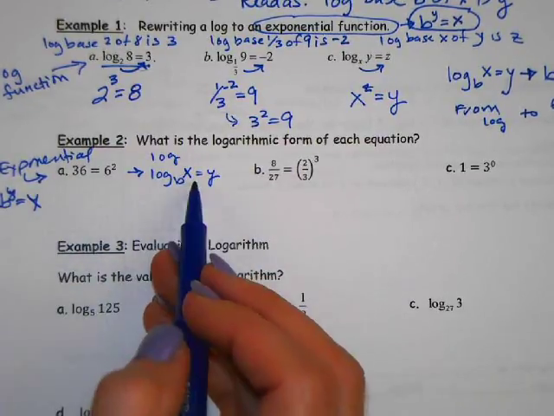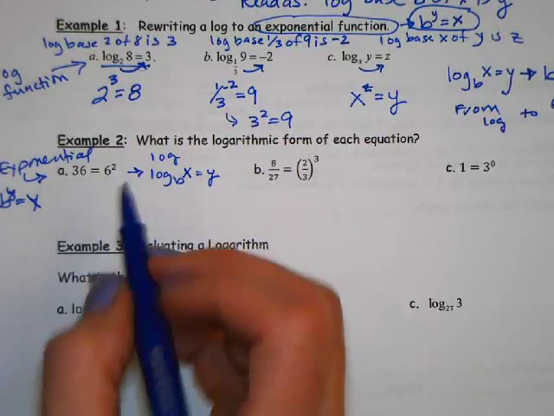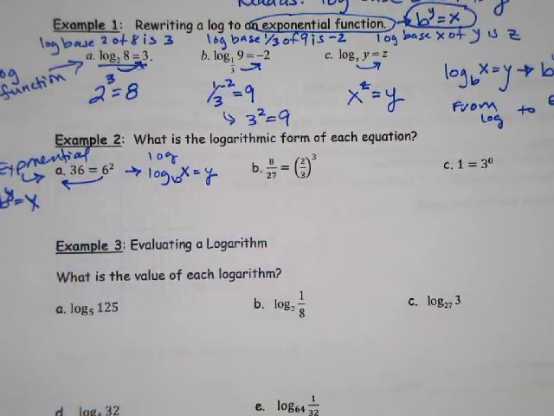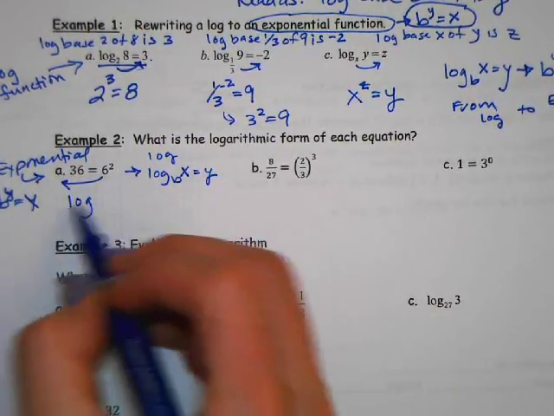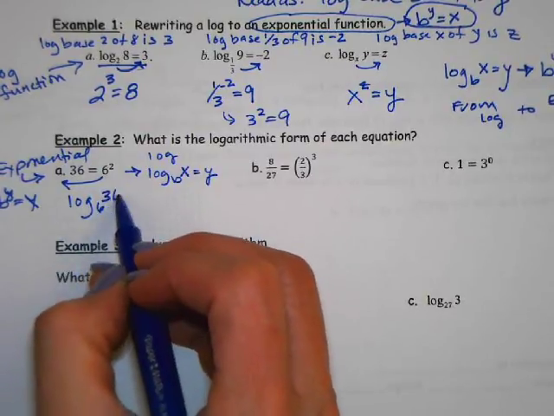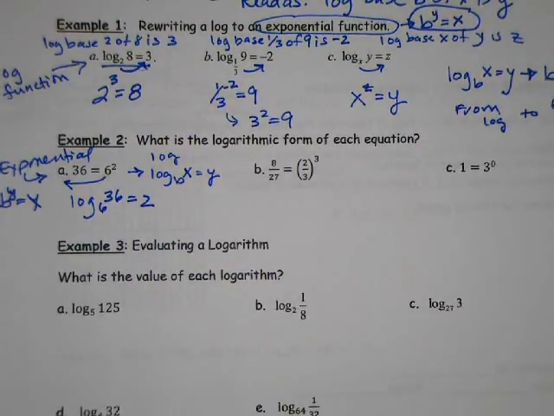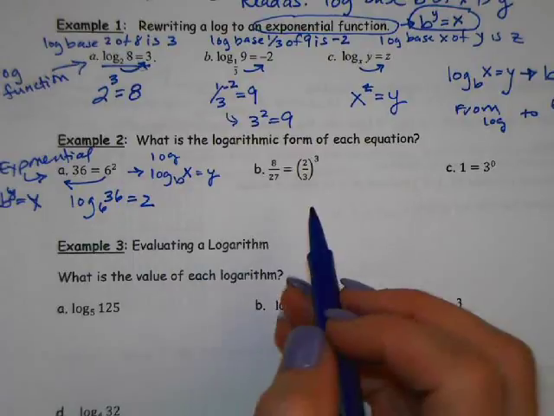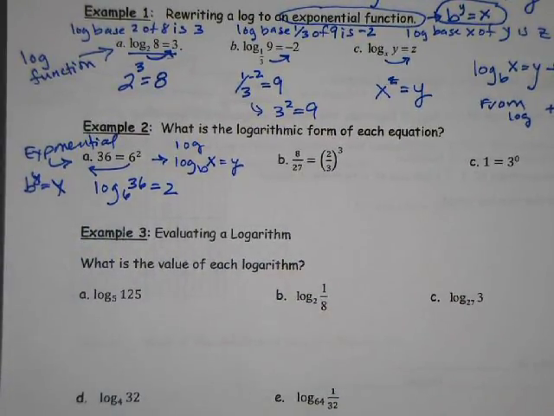How do I get from here to there? Just how I threw the 6 up, I just pull the 6 back down, and then add the word log. So I do log base 6, I pull the 6 down, of 36, and that equals 2. Just like I swing up, to do the opposite I just swing down. It's like that little graphic. You have to know how to go both ways. Do we have to put log there? You have to put log there, otherwise you're completely not doing what you need to do.